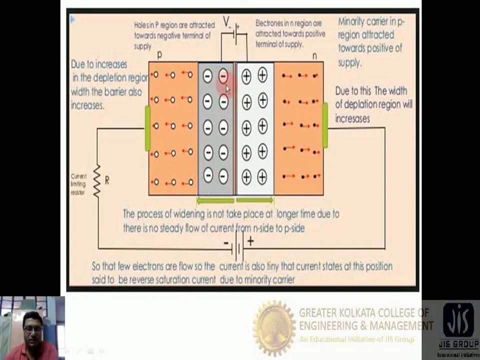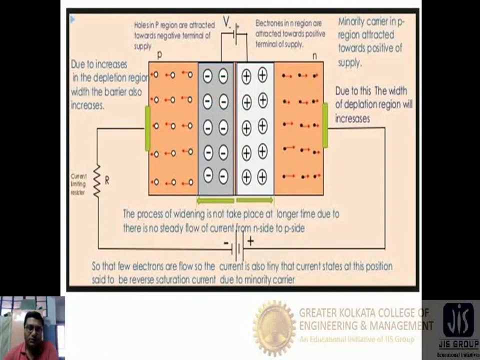So the interesting thing is that there is a forward bias for the minority carriers in the depletion region. This is the most important thing: there is a forward bias of minority carriers in the reverse bias condition of the diode.